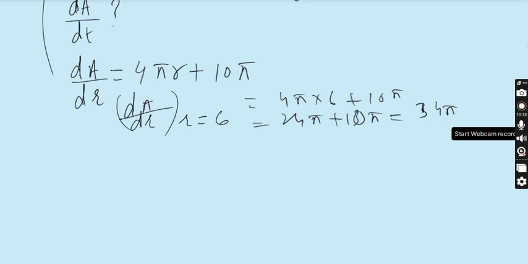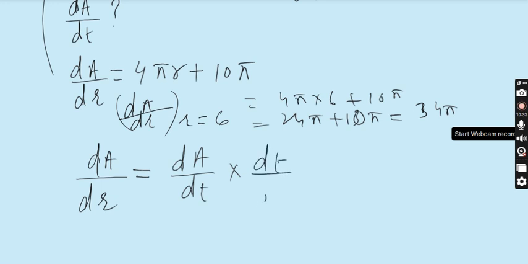Now write the formula in order to get dA by dt. So dA by dr is equal to dA by dt multiplied by dt by dr, because when you cancel dt by dt you will get dA by dr. So what is the value of dA by dr? We obtained 34 pi.